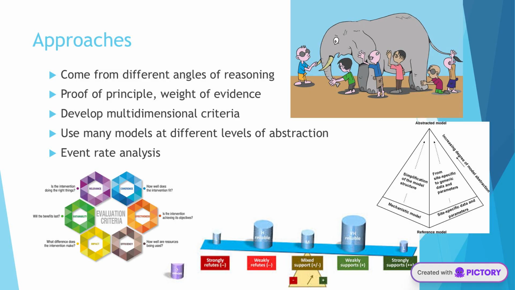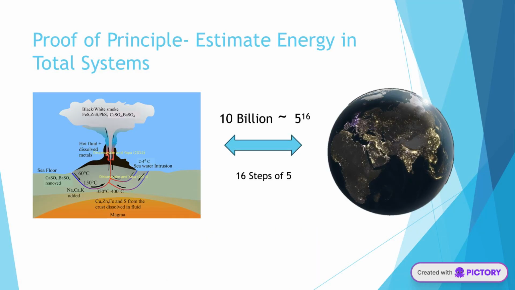Finally, event rate analysis provides another lens, though it remains limited by simplifying assumptions. It draws on physics, historical data, and notions of acceleration to assess whether observed patterns reflect real temporal trends or artifacts of modeling choices. To determine the plausibility that total system energy has increased in a manner similar to complexity, estimates were made for a potential site of life's origin and compared with current global energy use.